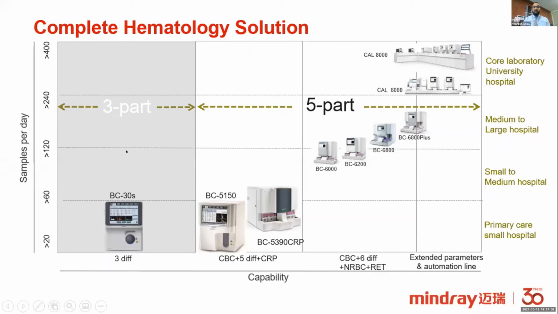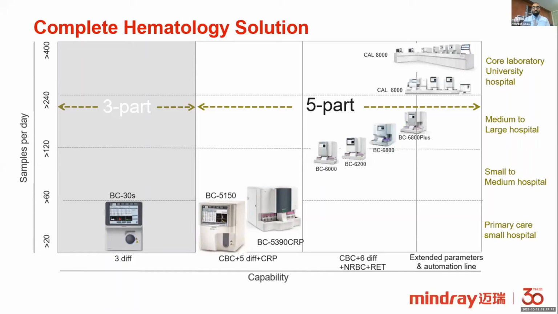Starting with 3-part small products for a few samples per day, and only a CBC without differentiation or high parameters. And also for limited budget and limited space, we have the model 5150, a small and compact 5-part product, so we can report all the leukocyte parameters with efficiency and high throughput.